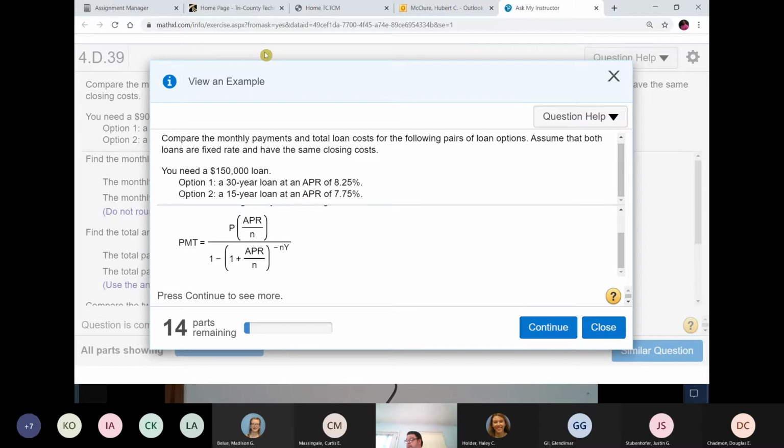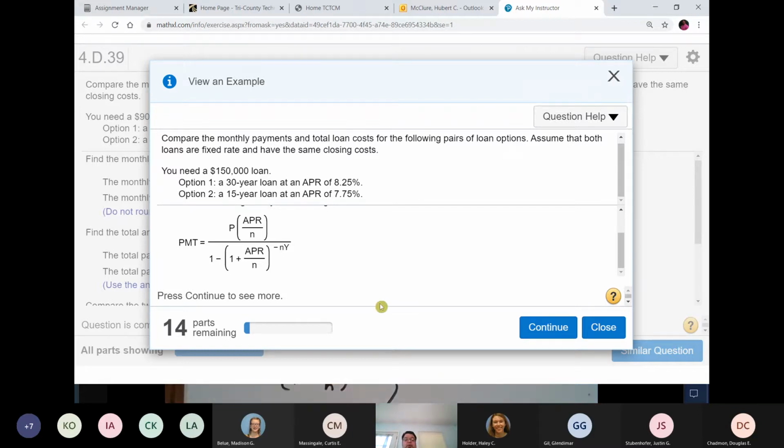So I'm going to write it down. Payment is equal to P times R over N, over 1 minus, and remember, I don't like the negative exponent, so I'm going to put a 1 over it. That's 1 plus R over N raised to the NT power.